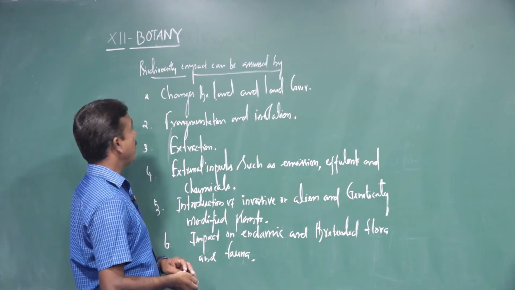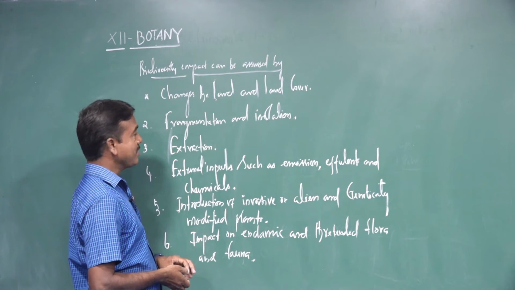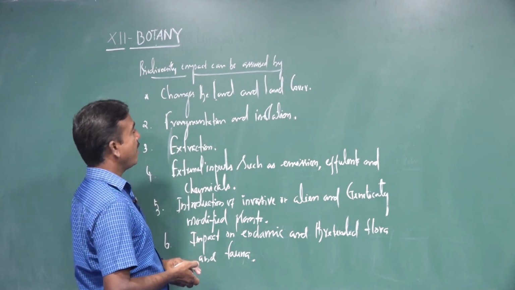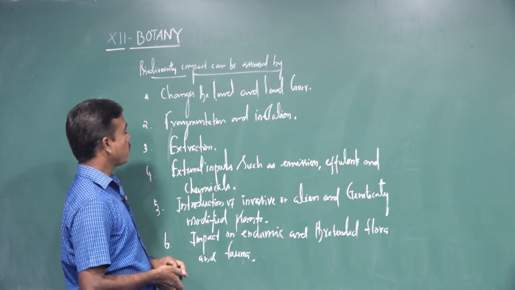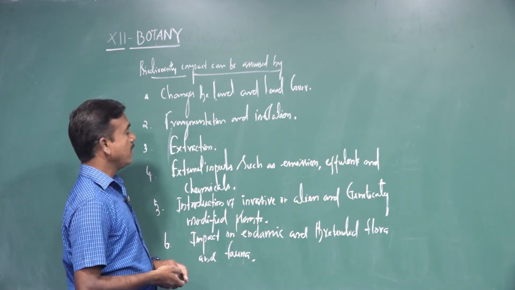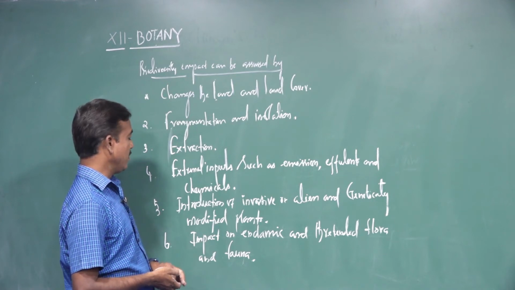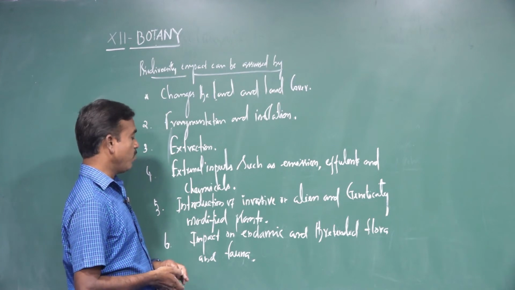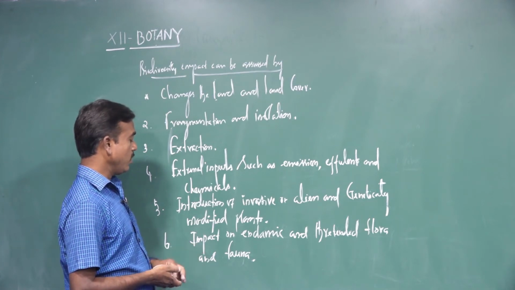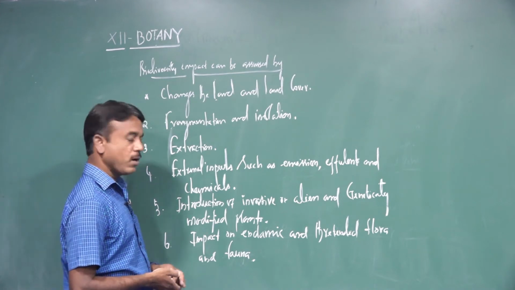Those are commonly called how biodiversity impact can be assessed: changing the land and land cover, fragmentation and isolation, extraction, external inputs such as emissions, effluents, and chemicals, introduction of invasive or alien and genetically modified plants. The last one, impact on endemic and threatened flora and fauna.